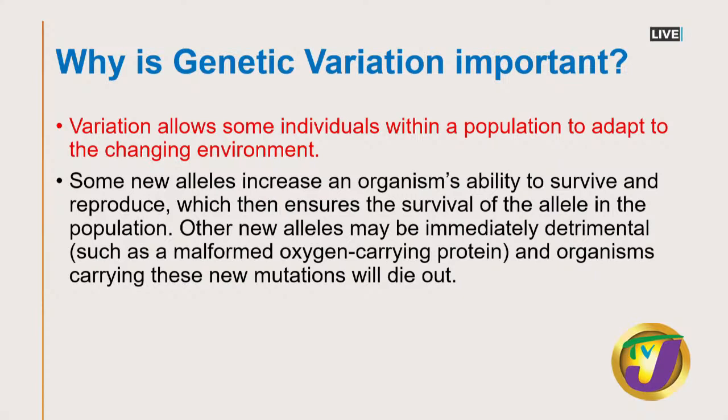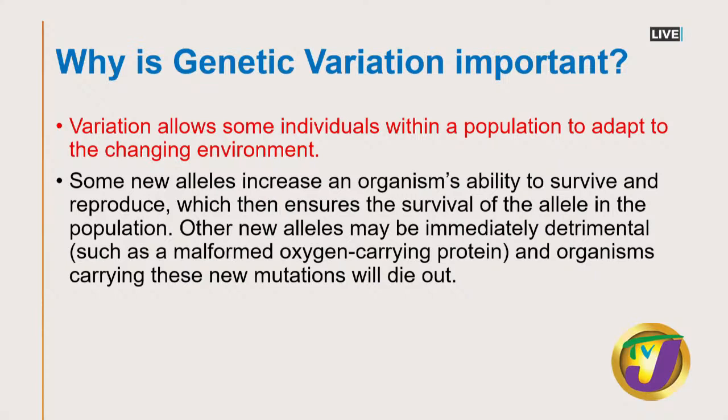Take, for example, there might be an allele that is detrimental, so there could be malformed oxygen-carrying proteins, like in the case of sickle cell anemia, and in that case, it might be passed on to an organism. You can have other mutations that are even more detrimental or lethal, and in that case, they are passed on to an organism and they may die out.